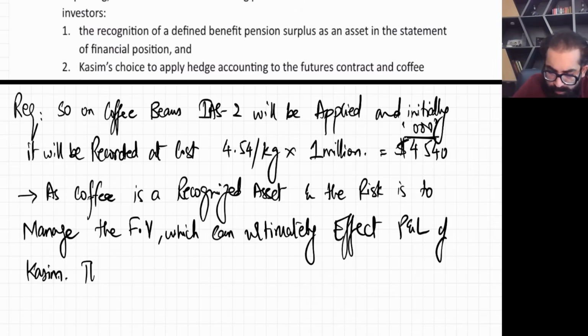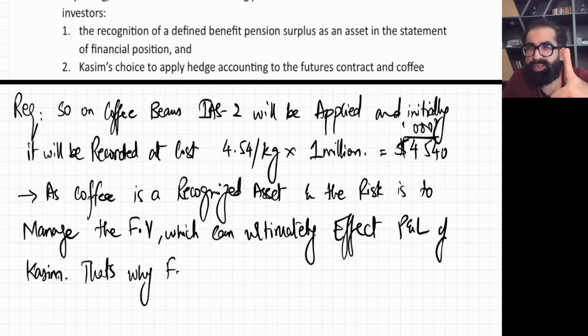That's why fair value hedge accounting. Remember the definition of fair value hedge accounting. It is applied on a recognized asset or recognized liability, and the risk being that changes in fair value will ultimately affect your P&L.